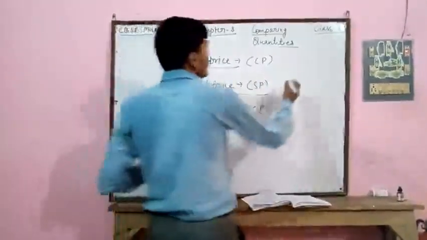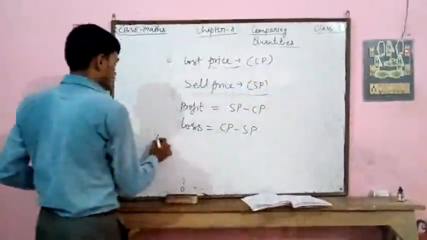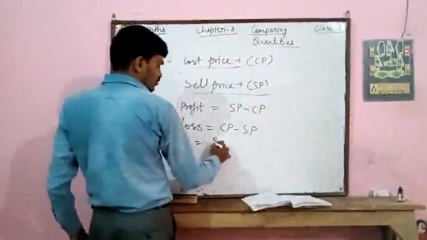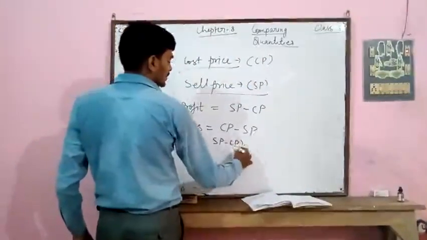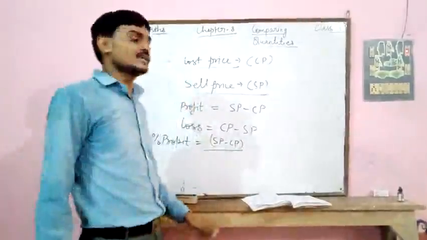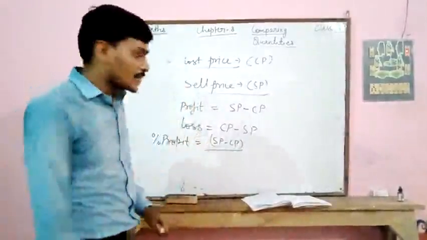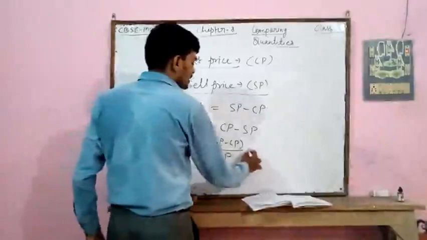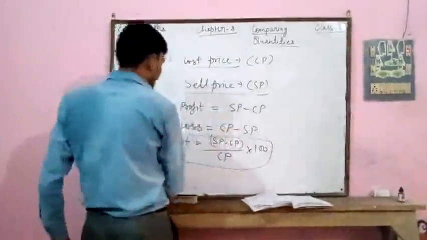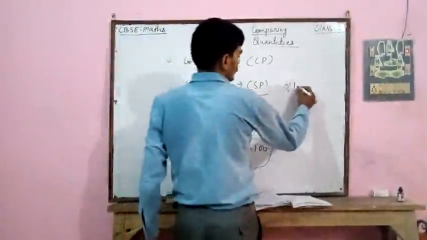Now, what is the percent profit? Percent profit is (SP minus CP) upon CP into 100, because this profit is on the cost price. And what is the percent loss?